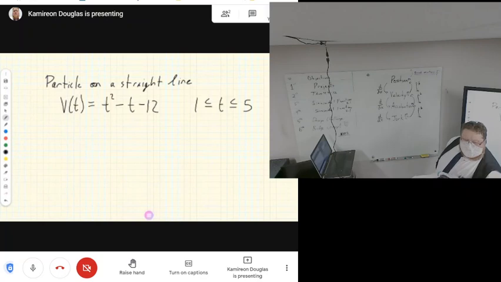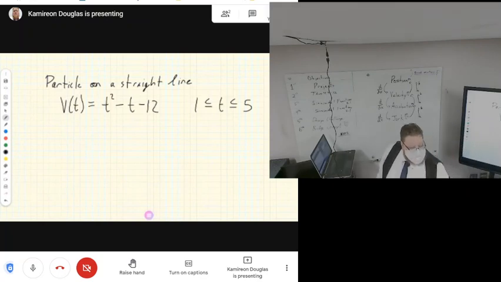Determine the displacement of the particle and determine the distance traveled by the particle. This will be problems like 97 through 102 and more.